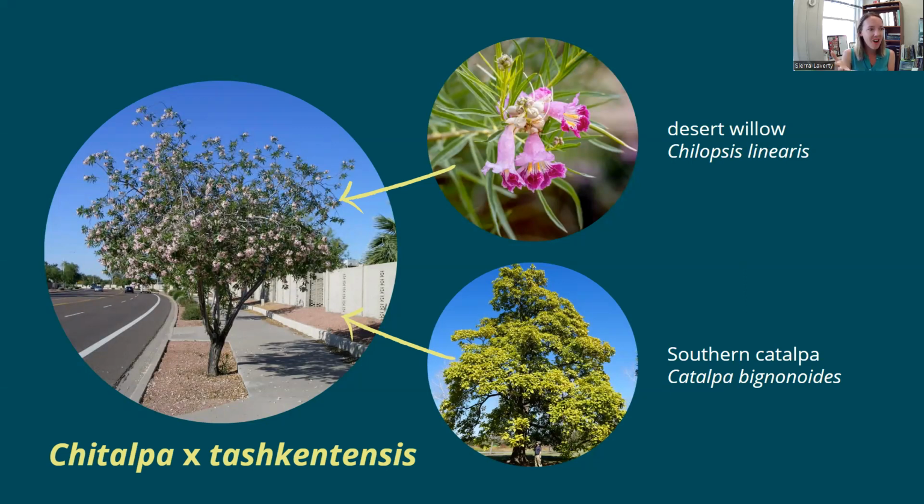And now every Chitalpa tree that they've tested for this bacteria turns out positive for it, because it's a clone taken from the mother plant who had this disease, and now all these other clones also have this disease.